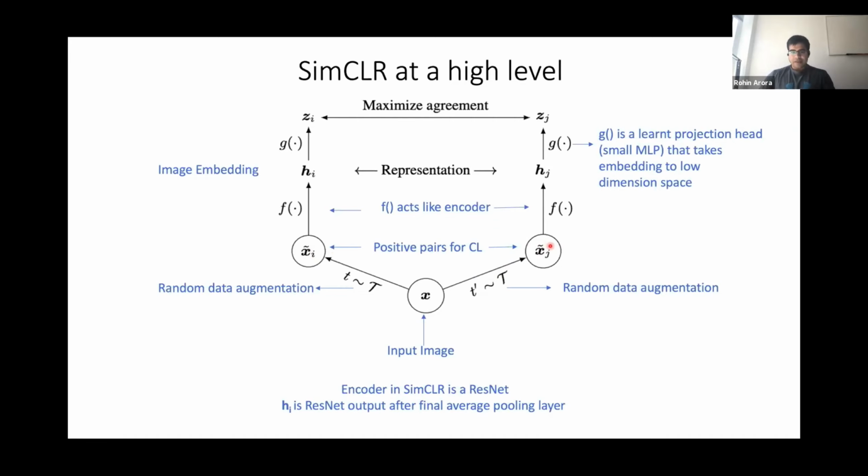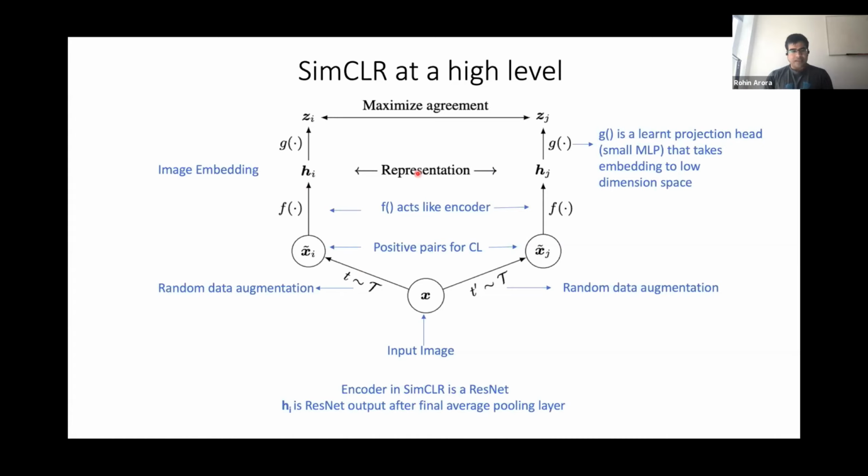On top of that, you have an encoder. In SimCLR, the encoder is a ResNet, and I'll be talking in a lot more detail about the encoder soon. So imagine you have these 2 augmented versions. You pass them through the encoder and get a latent space representation, which is Hi. Here the latent space representation is nothing but the final output layer of the ResNet, before the average pooling.